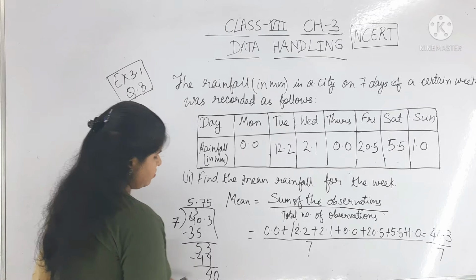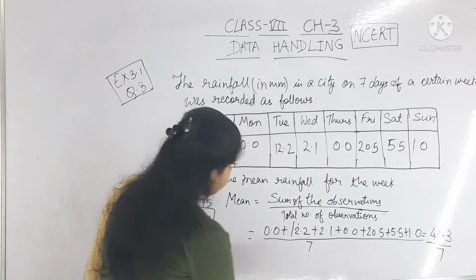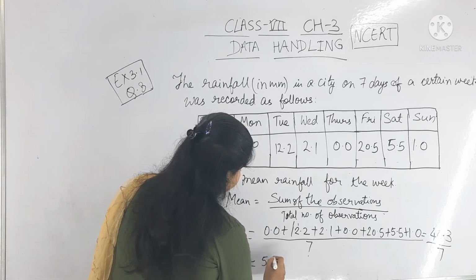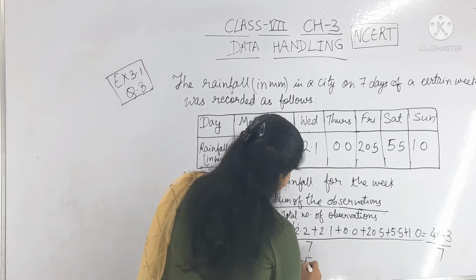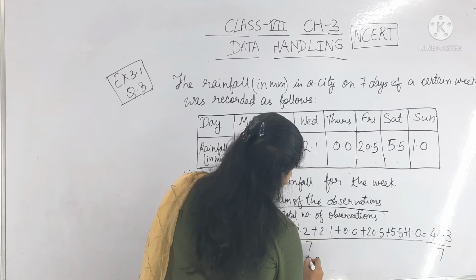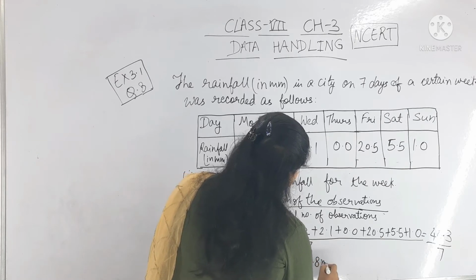Okay, so it will continue, means 5.75 approximate. I can write 5.8 mm.